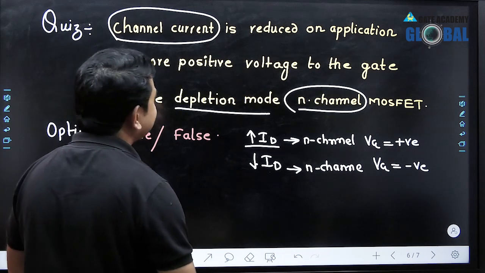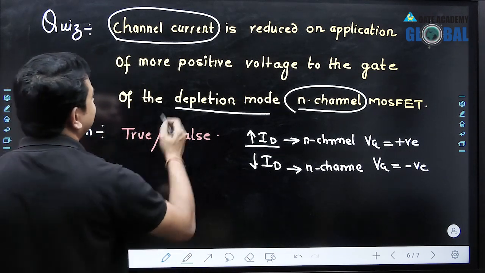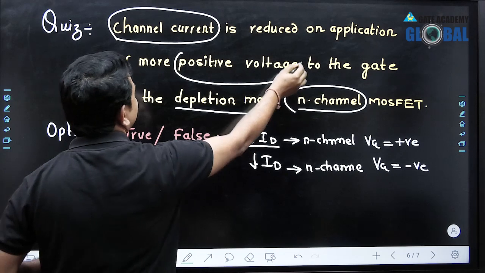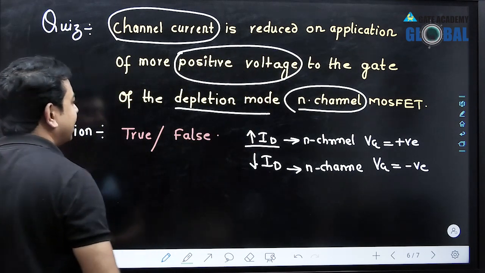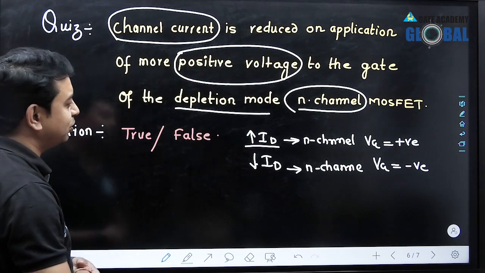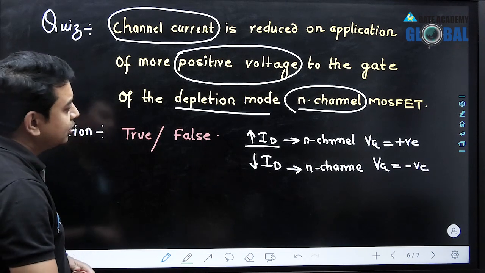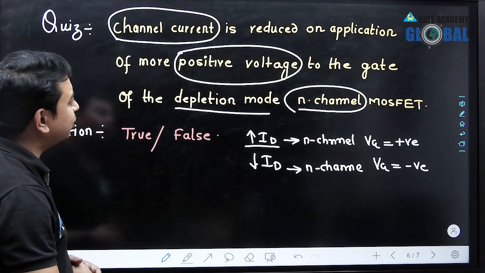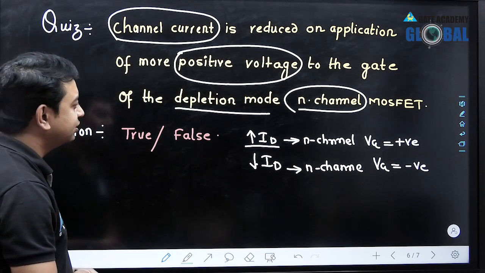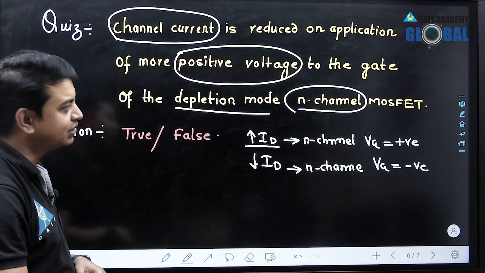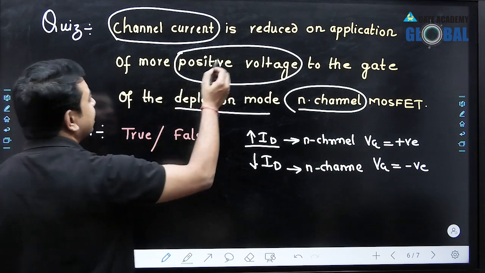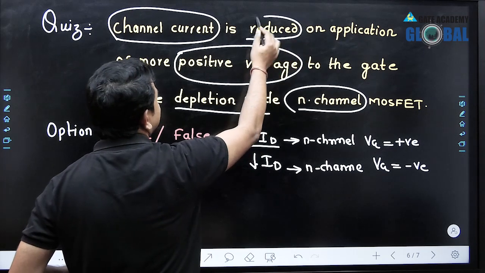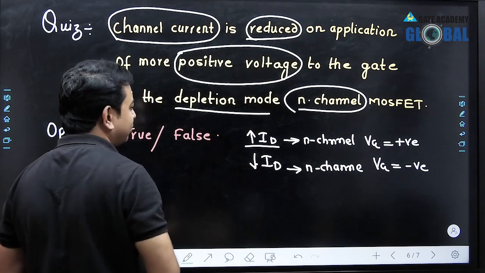The channel current is reduced on application of more positive voltage at the gate of the depletion mode N-channel MOSFET. So if you apply a more positive voltage at the gate, the magnitude of current increases, but we want to reduce the magnitude of current.